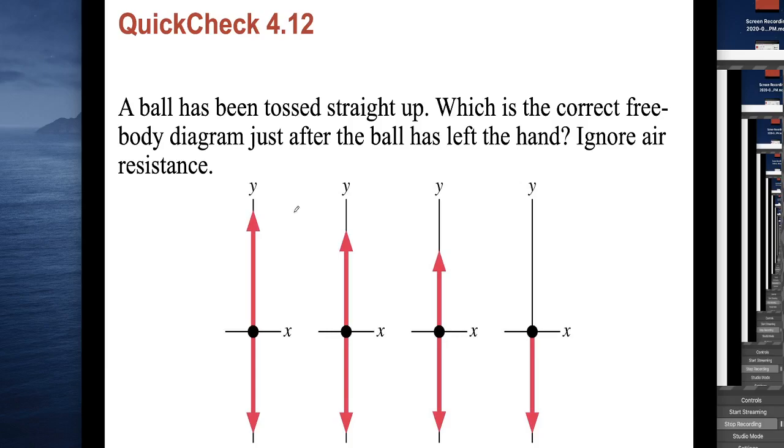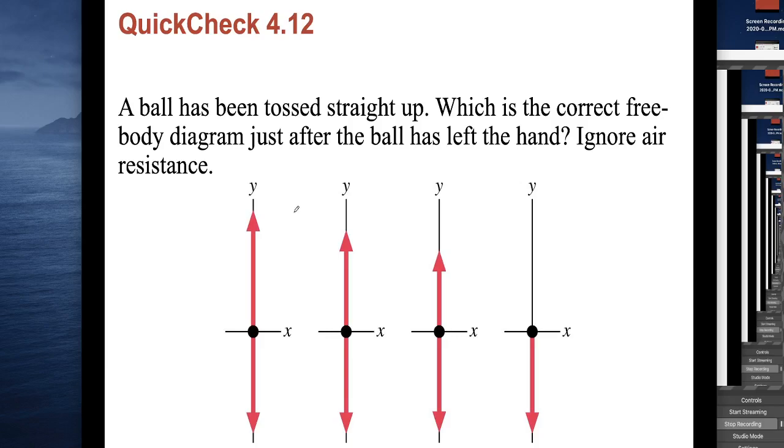I guess now all of you have got your answer. So, after the ball left the hand, how many forces are exerted on the ball? We have talked about this situation many times. Once the ball left our hand, what's the motion?